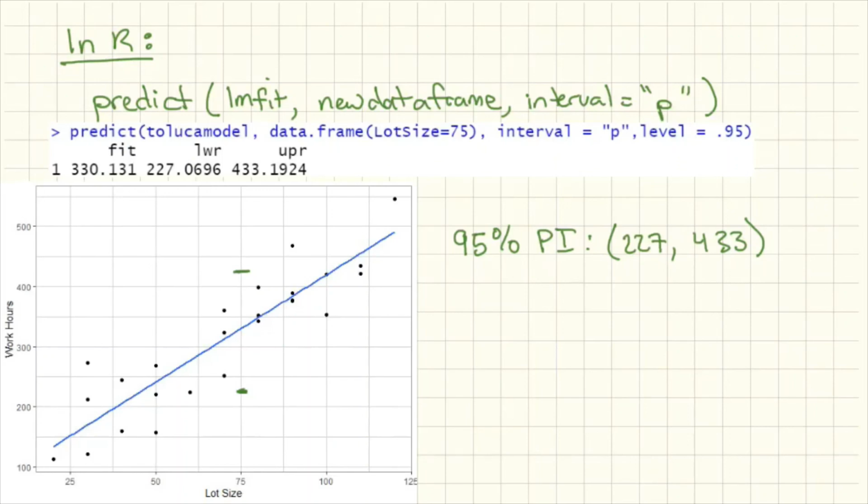So we're saying that we're 95% confident that our new observation is going to be in there. If we look at the confidence interval for the mean value, it is much narrower, from 309 to 350. So this one we're saying we are 95% confident that the mean Y for that X is going to be in there.